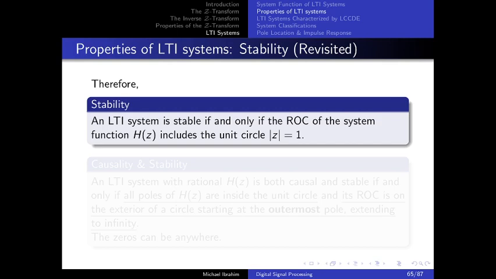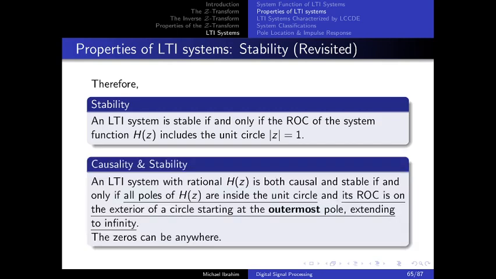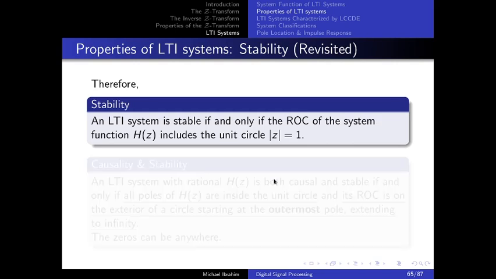How does having the unit circle inside the ROC guarantee the system stability? Okay, now for an LTI system to be both causal and stable, what are the conditions in order to have a system that is both causal and stable?